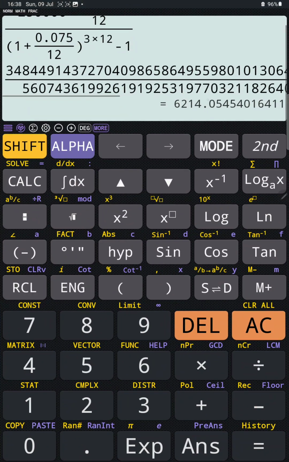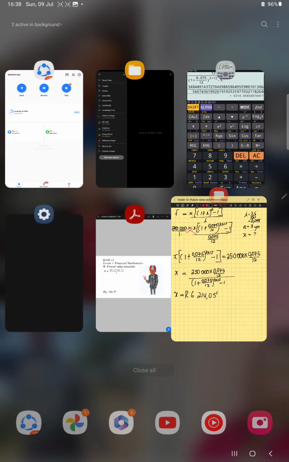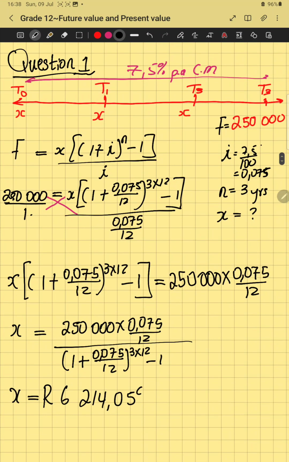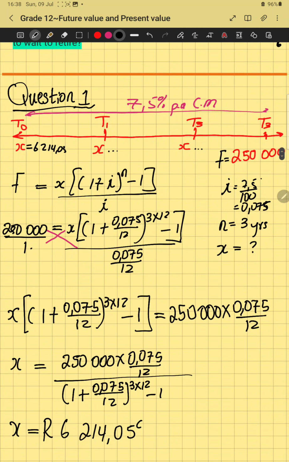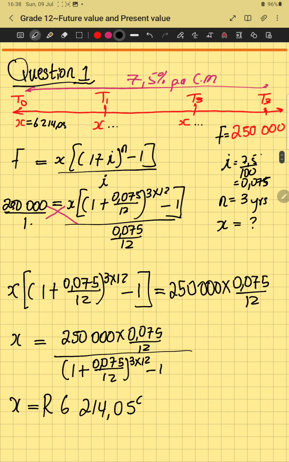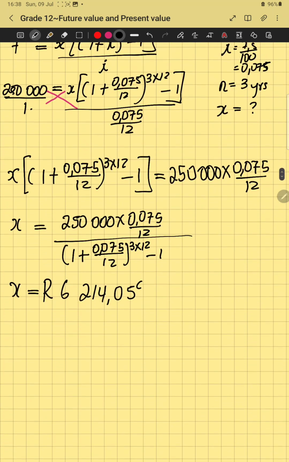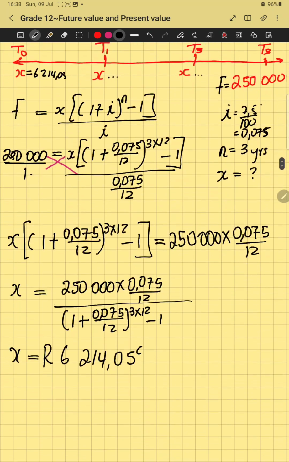Just confirm 05. Okay, yeah, that's perfect. All right, so this is the answer for the first question. So that means they need to invest 6,214.05 each and every month, in order for them to have this amount, which is 250,000. That is question 1.